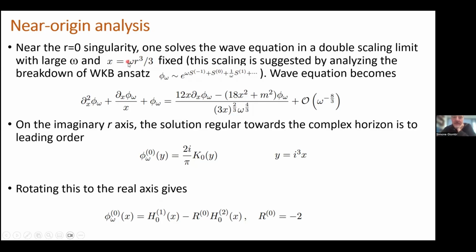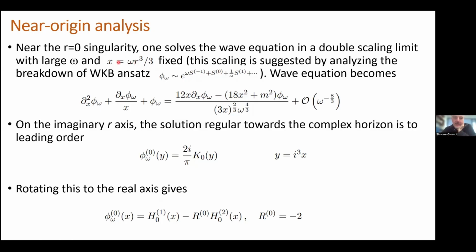This specific structure is dictated by looking at the regime of validity, just seeing where it breaks down. It breaks down when r is too small compared to, given by this ratio, okay?